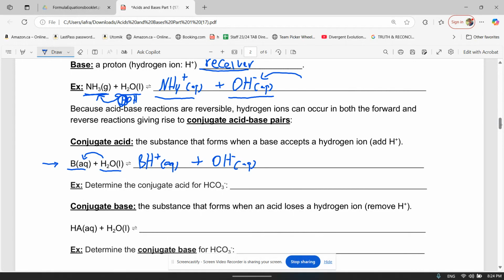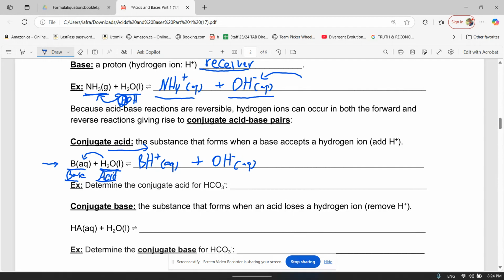So this was our base. And if you think about it carefully, water gave away an H. So water, under our new definition, is acting as an acid. So this is a base, this is acting as an acid here in this direction.